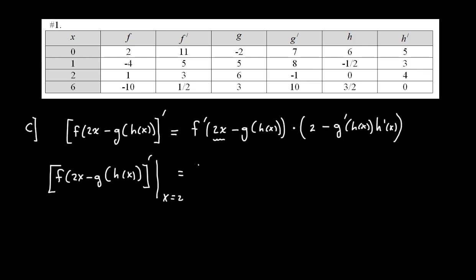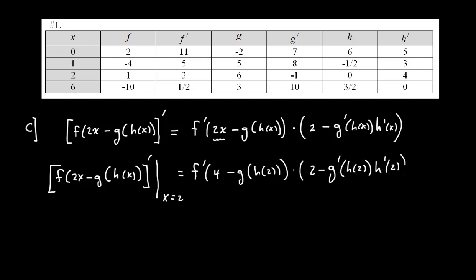This is going to be f prime of 2 times 2 is 4 minus g of h of 2 times 2 minus g prime of h of 2 times h prime of 2. Okay.